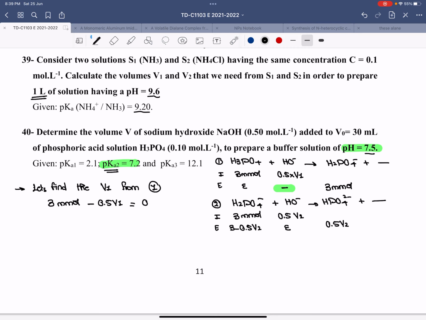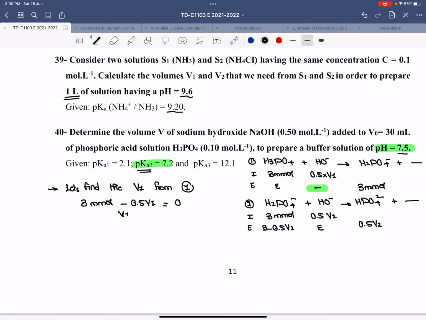V1 needed to neutralize H3PO4 is basically 6 milliliters. Okay, very simple. But this is not the total volume or value of HO minus, because a second value was used for the second reaction.